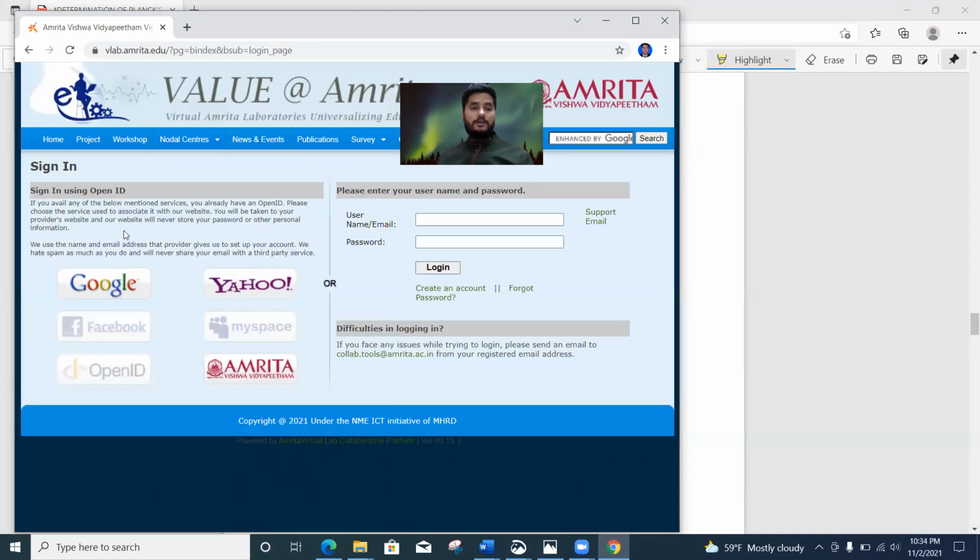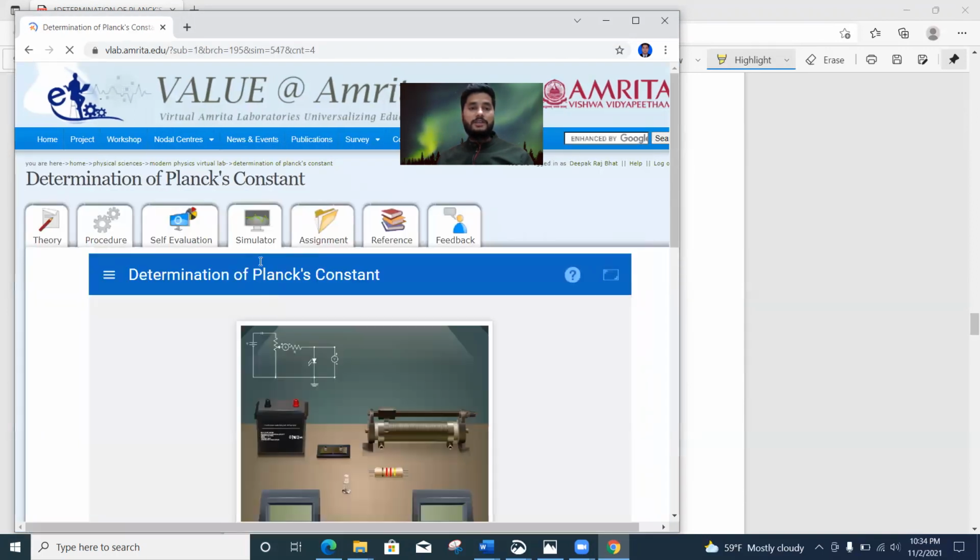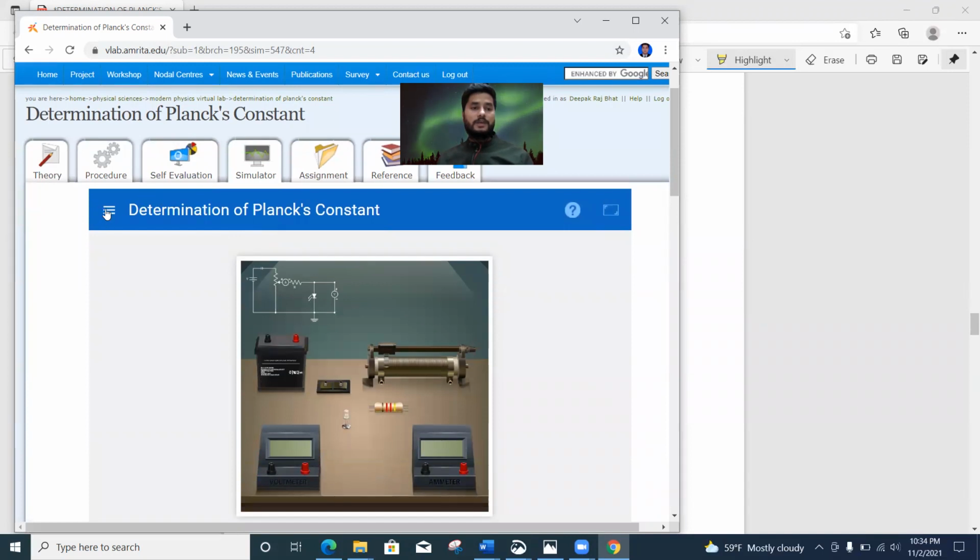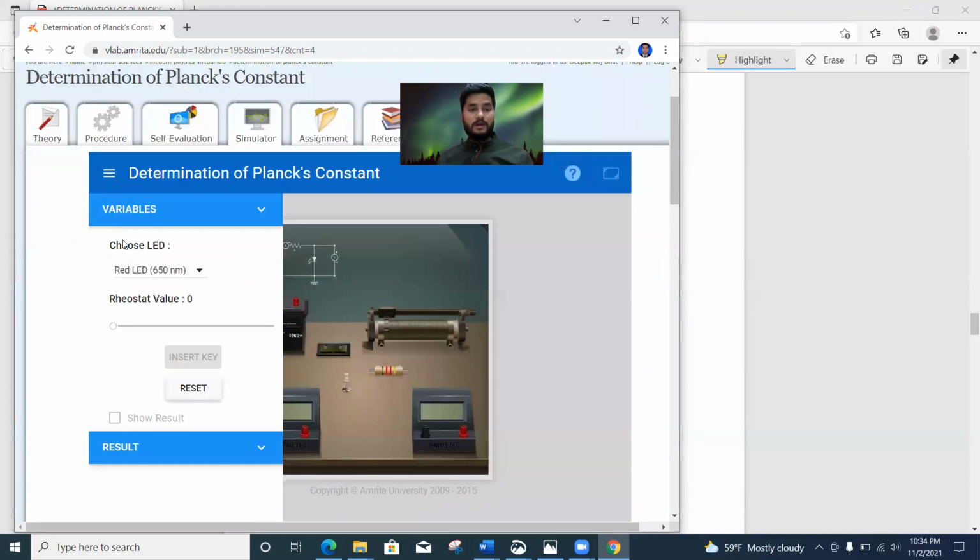For that we choose our Google Gmail. So I click here, and after logging in, I enter into the simulation option, the simulator. Now I'm going to click on this line, and after clicking there, we have the option to choose different colors of LED bulb, because we need different wavelengths.